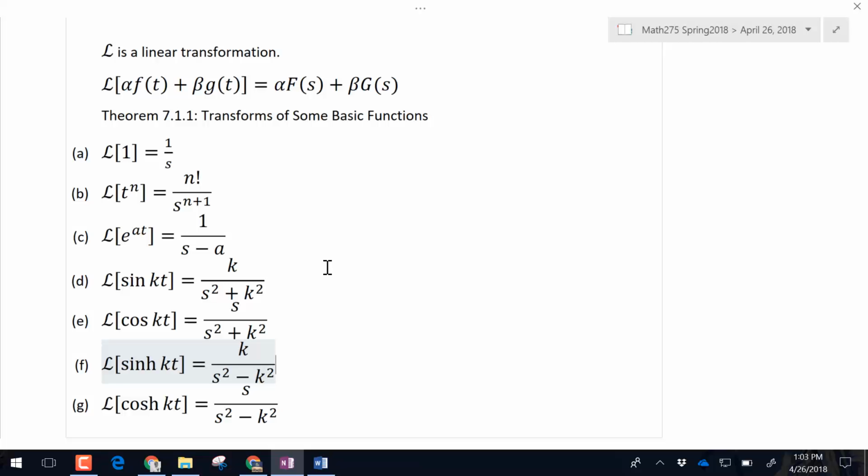You guys remember that in Calc 2? You have an exponential and you have a trig function. You have to do integration by parts and then subtract it over to the other side, and things cancel out. So I don't want you to do all that work. If you have the formula for the integral, then you don't have to do the weird integration by parts.